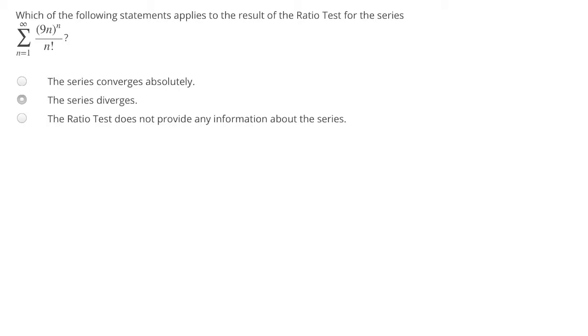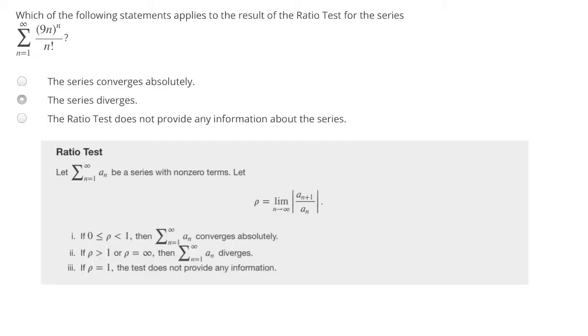And so again, just a quick review of what the ratio test says. For the ratio test, we look at the limit of the ratio of consecutive terms. So we look at a sub n plus 1 over a sub n, and the limit as n goes off to infinity. That's going to give us some value rho.